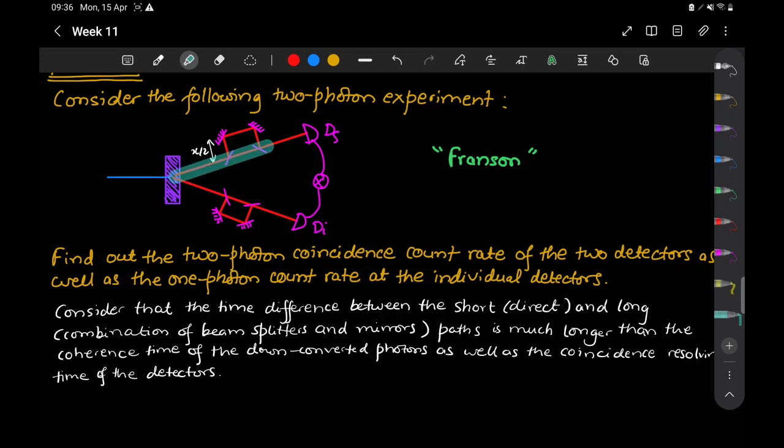So this is the short path. And the long path is this right here. It goes through these mirrors like this. So that's the long path.